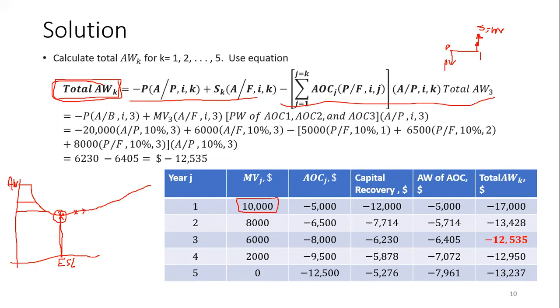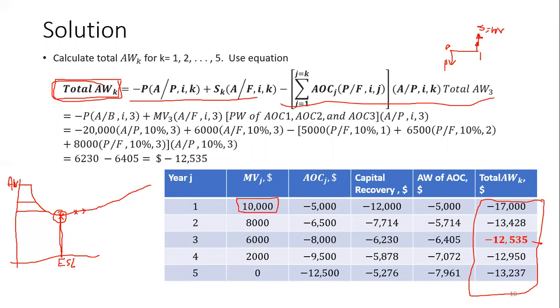Let's make an example for the third year, which, as you see from our table, gives us the economic service life of 3 years, which means I can keep the machine for 3 more years. Okay, for 3 more years.